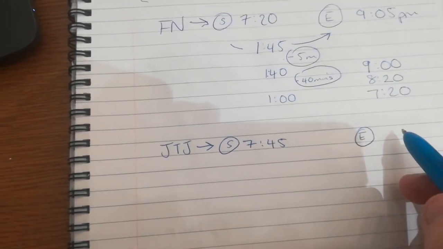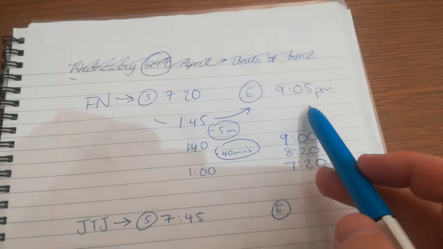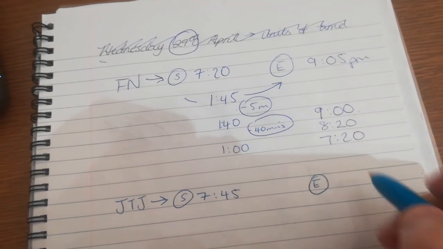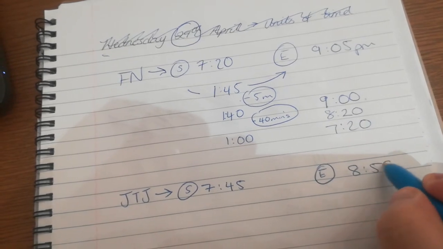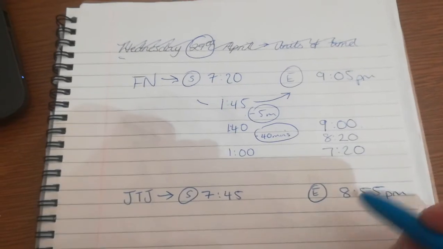And then it does say it ends 10 minutes before Finding Nori. So we need to take away 10 minutes from 9:05. 9:05 take away 5 minutes would be 9. Take another 5 away would be 8:55 p.m. Remember, 60 minutes in an hour.